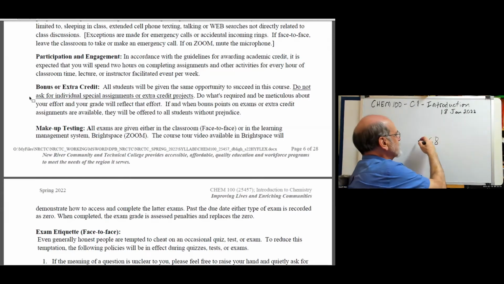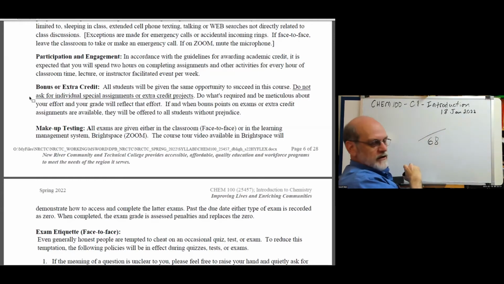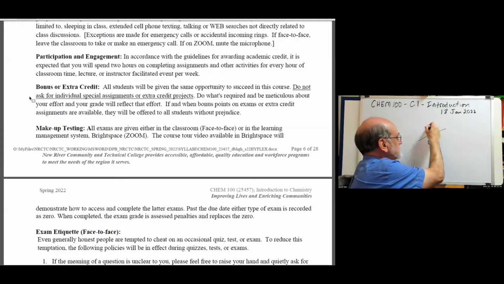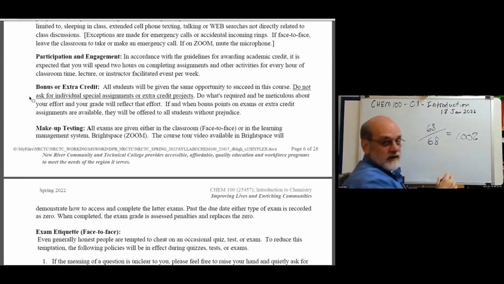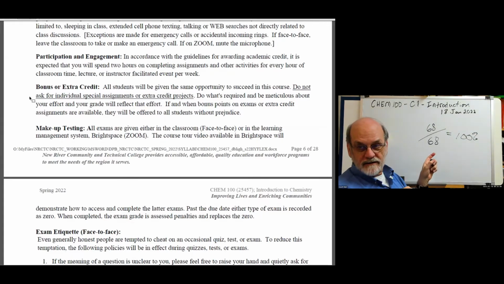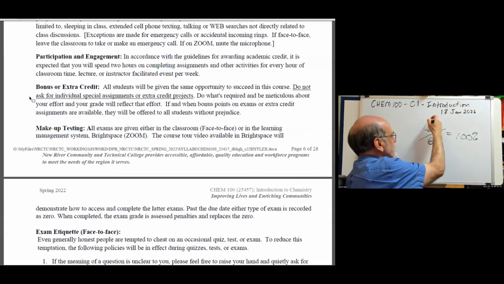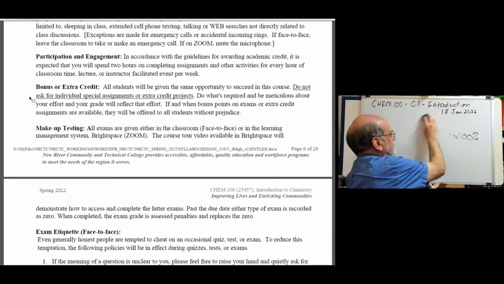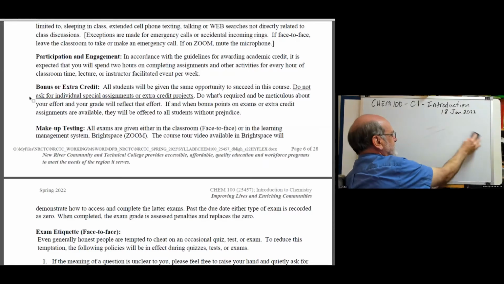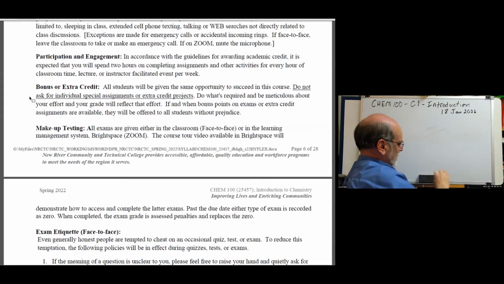And let's say you get all of them right. So that'll be 100%. But let's say there's some bonuses in there, and maybe you have 70 points. Then that'll give you greater than 100%.